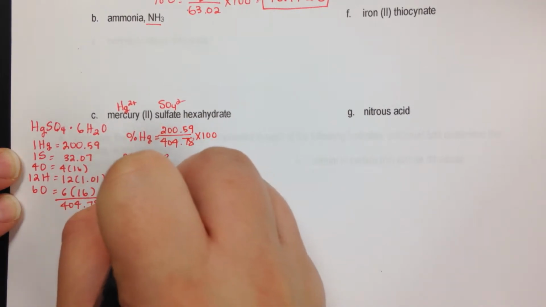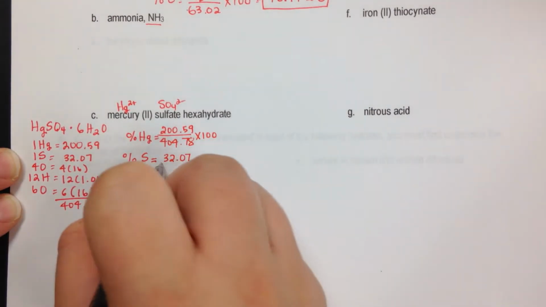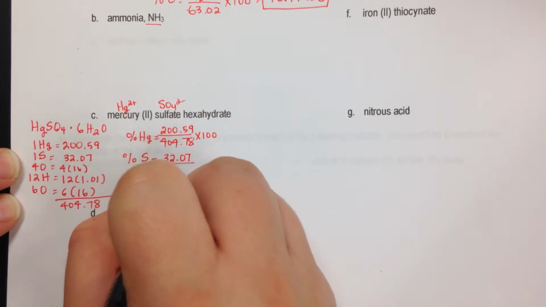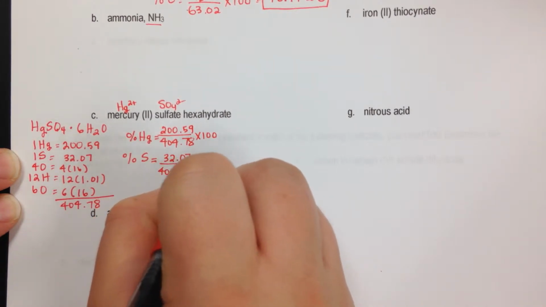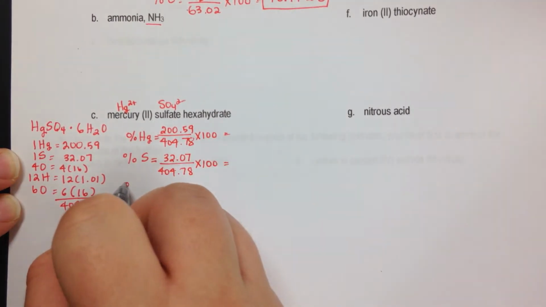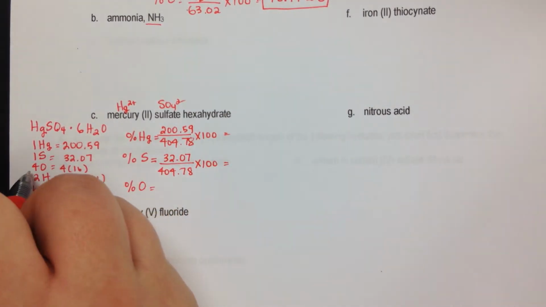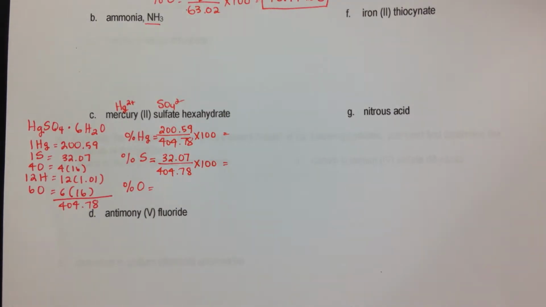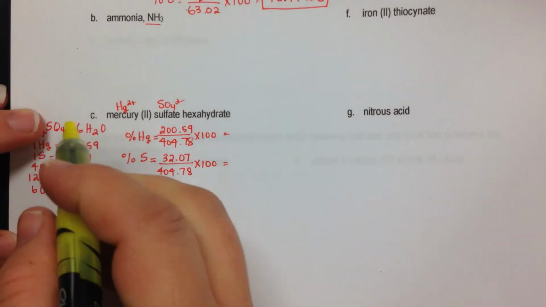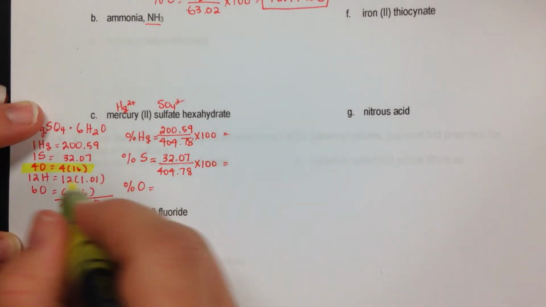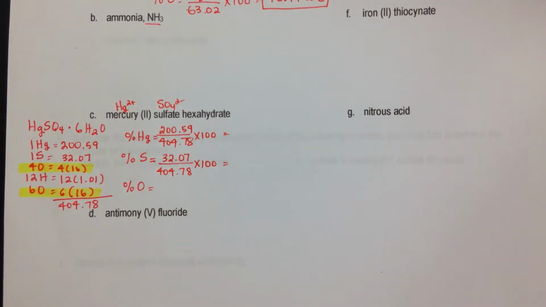Percent of sulfur: 32.07 divided by the total mass, multiply it by 100. Percent of oxygen: now, I'm going to take the mass of oxygen here, let me get a highlighter, and the mass of the oxygen here, because I want the total amount of oxygen.